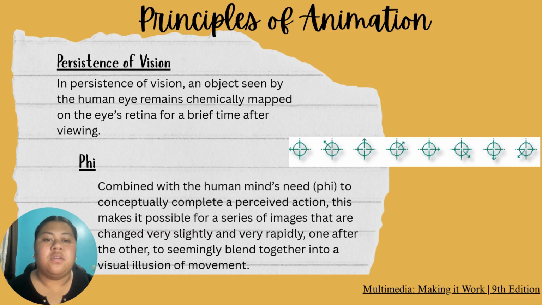When combined with phi to complete a perceived action, this makes it possible for a series of images that change slightly and rapidly, one after the other, to seemingly blend together into a visual illusion of movements.